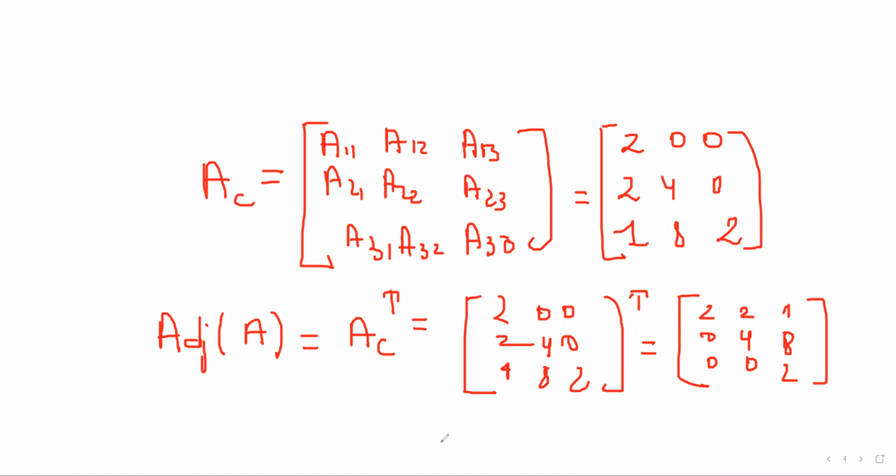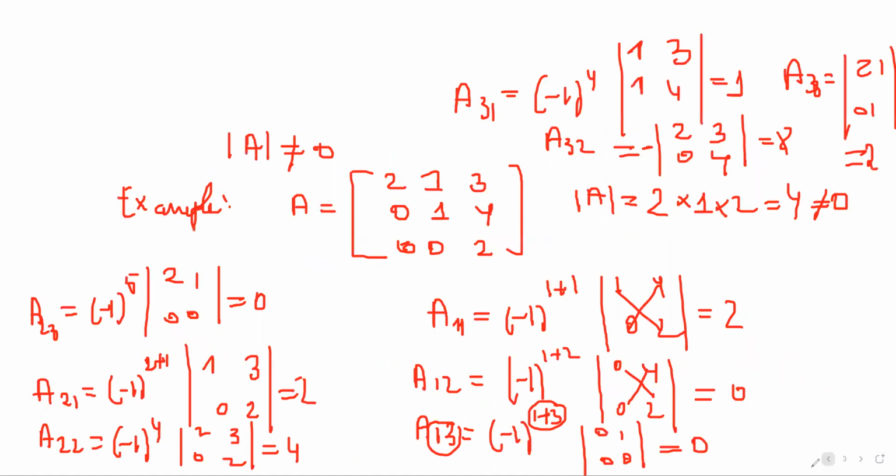Now we know the formula. If you remember, our formula was A inverse is equal to 1 over the determinant of A times the adjoint matrix of A, which is sometimes written with big letters, sometimes small; it doesn't matter in any case. We found the determinant; if you remember, its determinant was 4.